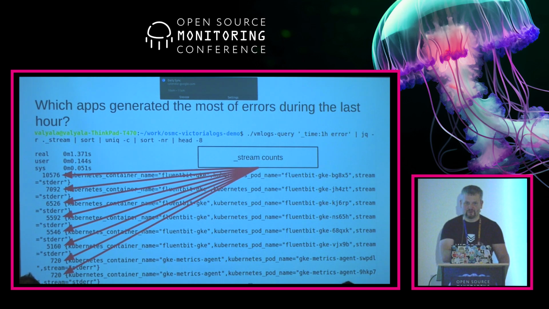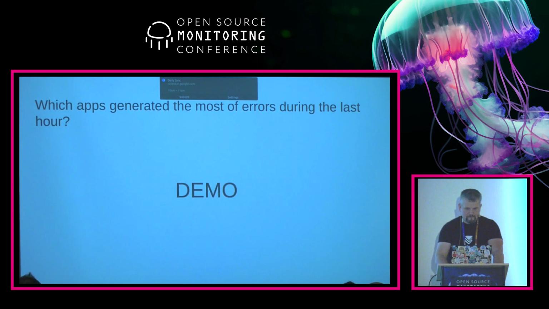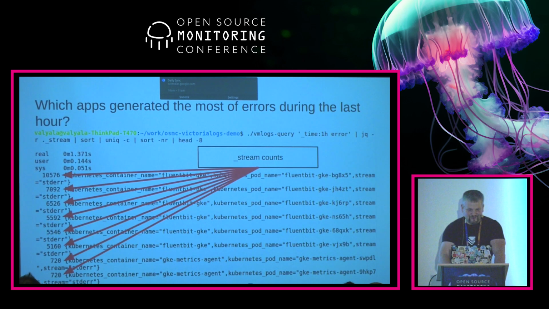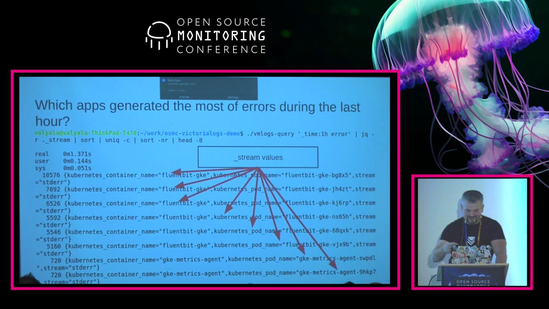This means the number of logs generated by every application, because the stream uniquely identifies a single application. There should be a demo. From this screen, we see that most of the logs are generated by some strange application, Fluent Bit GKA.